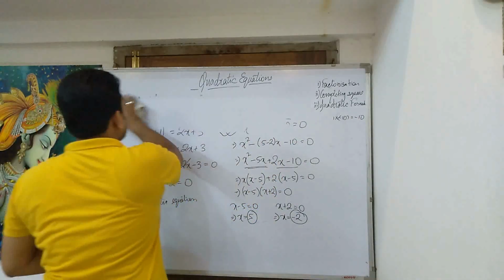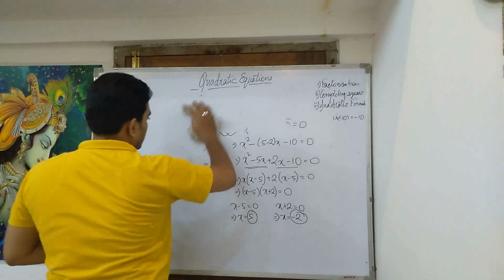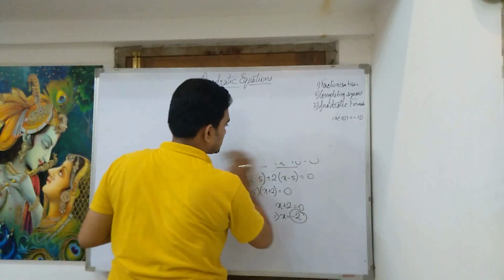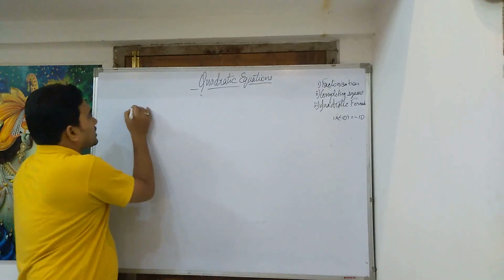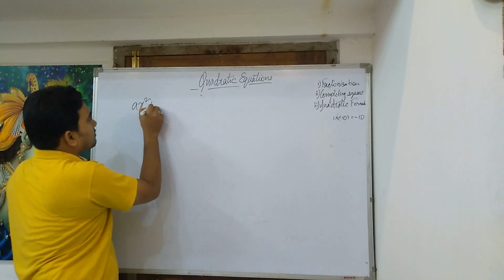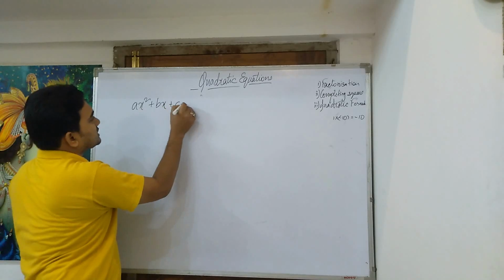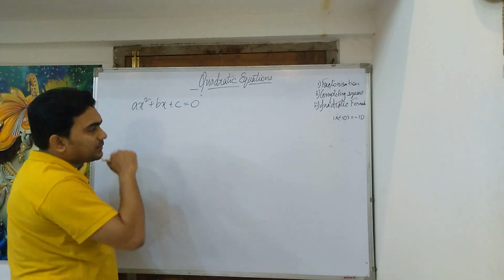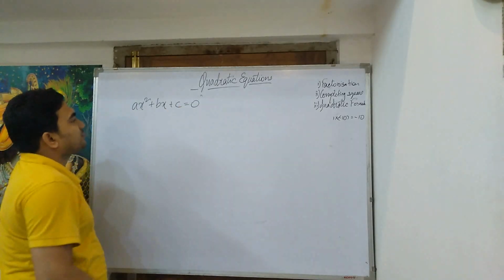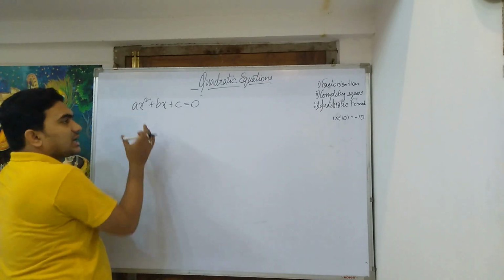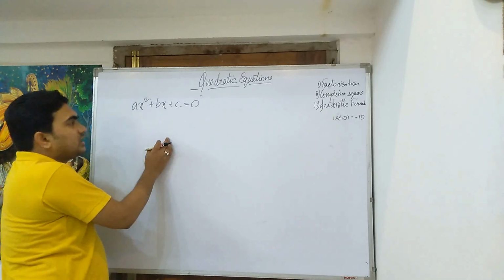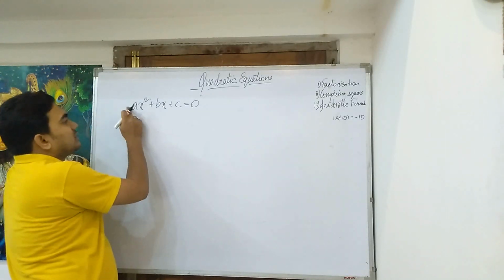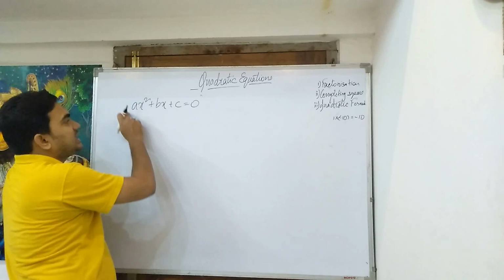So we will take a standard quadratic equation ax square plus bx plus c equals to 0. So the problem is this a, we can just break it down into a perfect square only if we have a perfect square here.